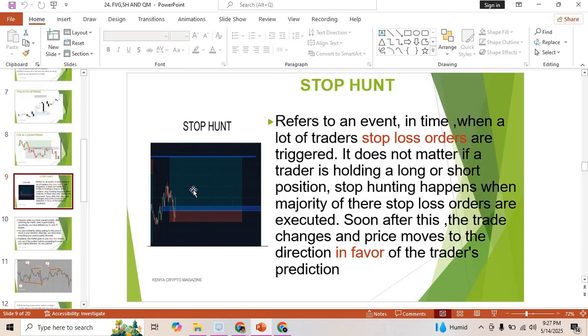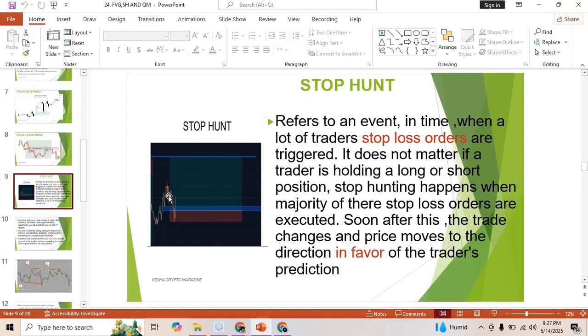If you look at this picture right now, just to explain in simple terms what a stop hunt is: you've done your technical analysis, you've looked for your confluences, you've done everything in accordance with your trading strategy, and you know that the market is supposed to go in your direction. But what happens now?